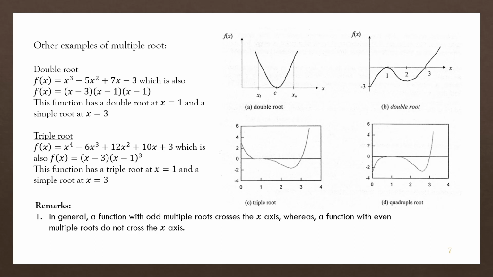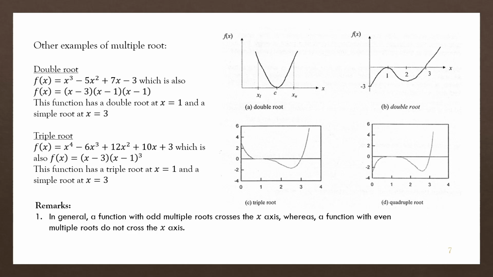So you can notice that in general, a function with odd multiple roots, for example in figure C, the curve crosses the x-axis. So you can have the curve going down to the x-axis and then has a tangential condition between the x-axis and the curve, and then it goes down under the x-axis.